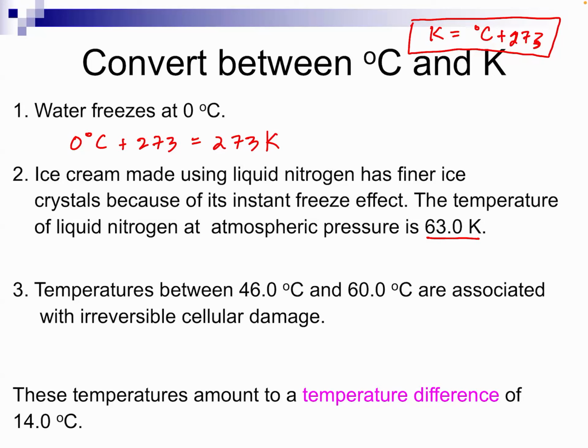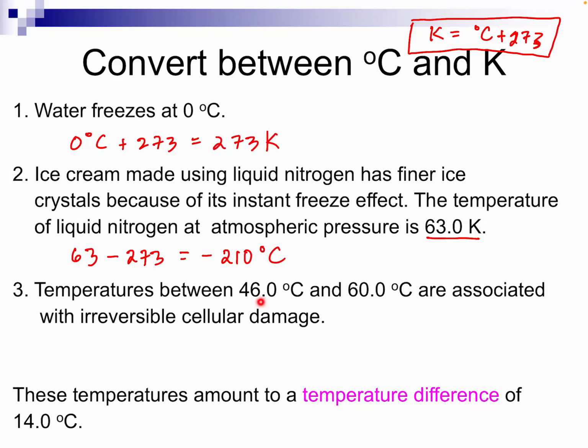So 63 Kelvin, subtract 273, will give you a negative degrees Celsius unit. Okay.